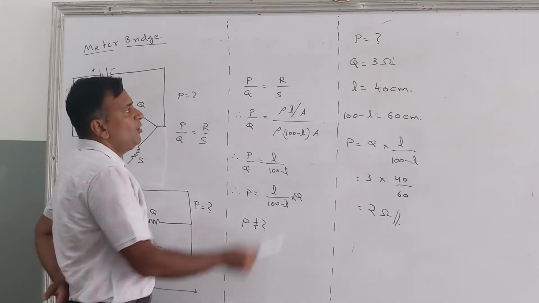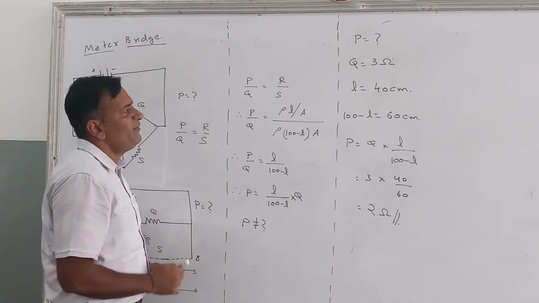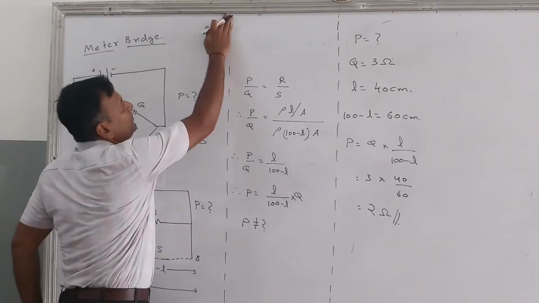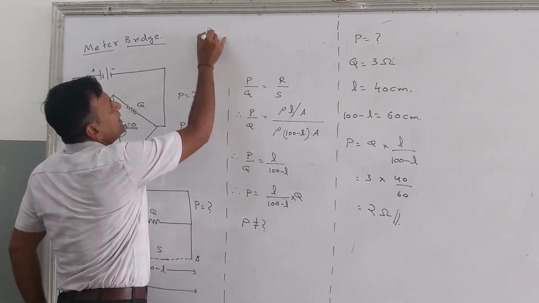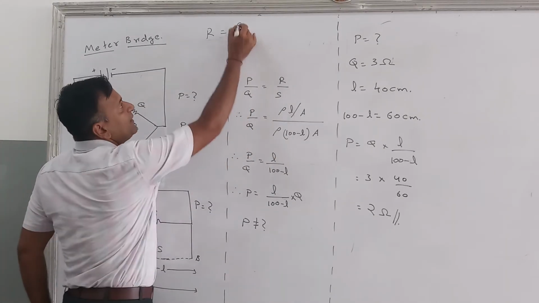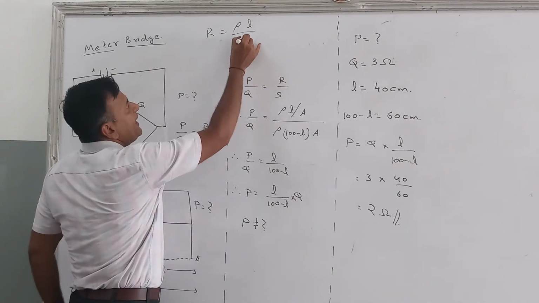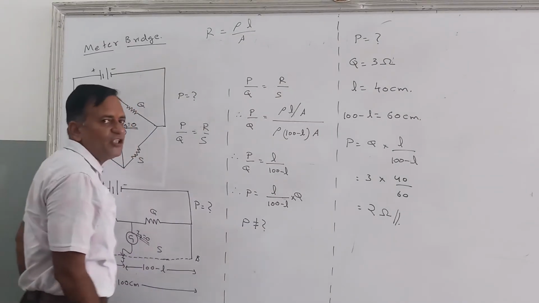Now, what is R? Any resistance, the topic of resistivity tells you, depends on rho, the resistivity, L, the length of the wire, and A, the area of cross section.